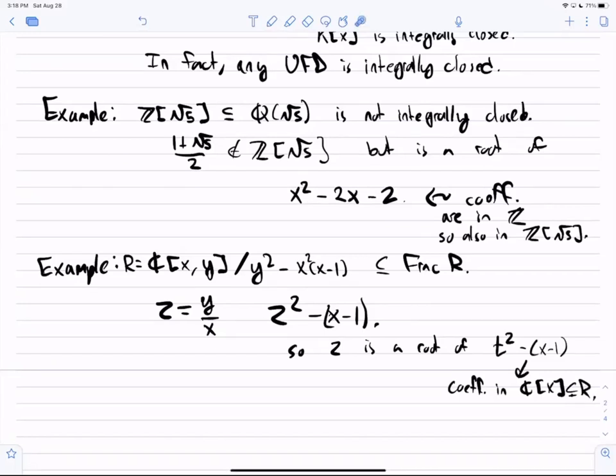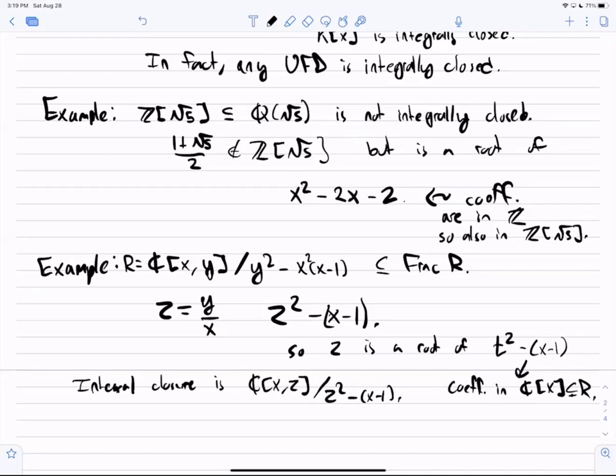And in fact, what's really going on here is that if you take the integral closure of C[X] inside the fraction field of R, what you get is C[Z].